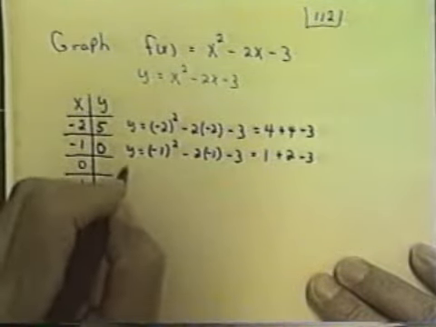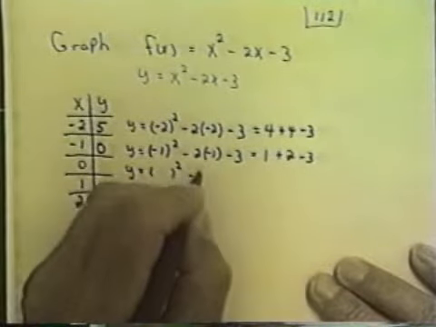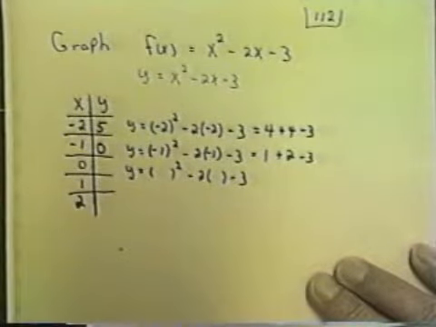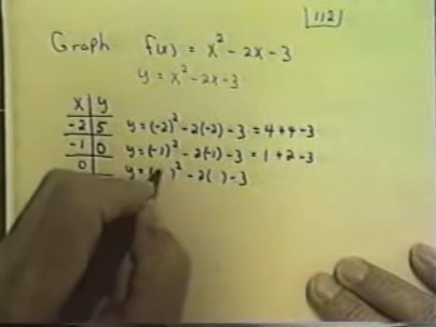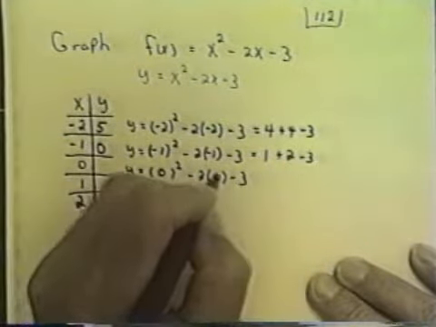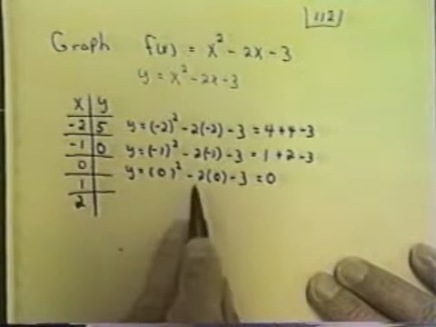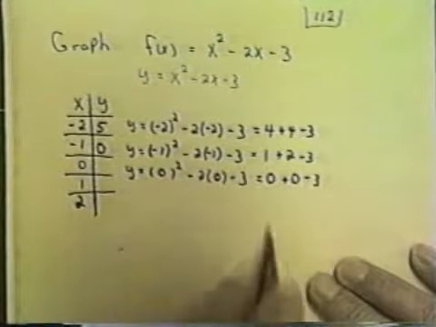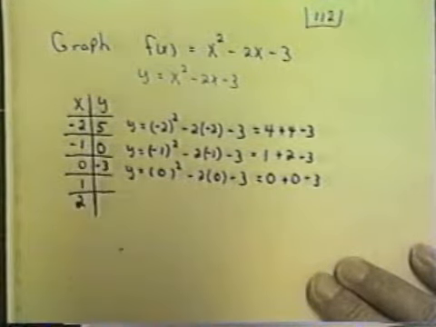In reality, I probably should be just putting in the parentheses first, as I told you in an earlier tape, and then go back and put in the value of x. Now in this case, the value of x is 0. Now 0 squared is 0. A -2 times 0 is 0 minus 3. And then 0 minus 3 is -3.